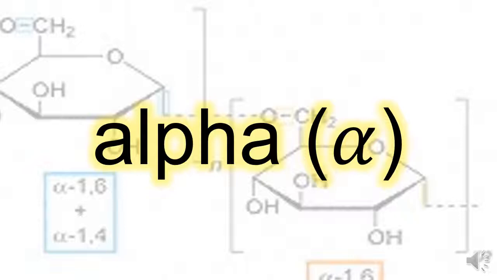It catalyzes cleavage at the alpha position. And in a previous slide, I showed you where the alpha was. So this is the alpha position right here, where it would catalyze cleavage. Here goes another alpha position.